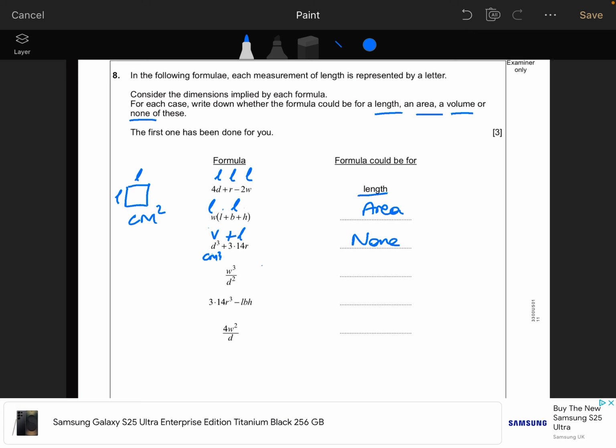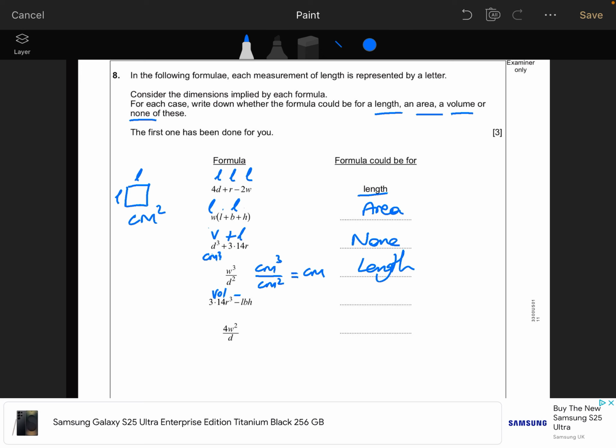Width cubed is a volume, centimetres cubed, over centimetres squared is an area. Centimetres cubed divided by centimetres squared will give me centimetres only. So that is a length. Then 3.14 times by r cubed. Well, it's 3 dimensions, so that's volume.